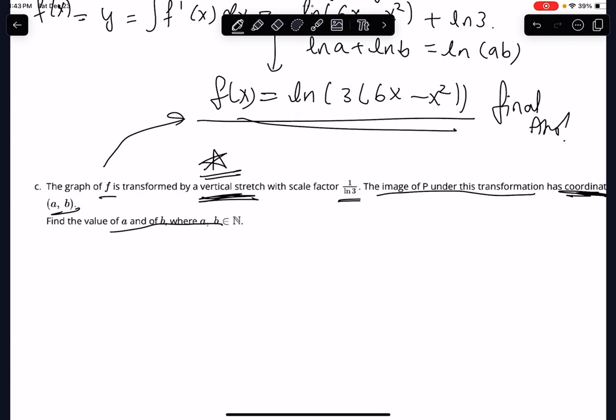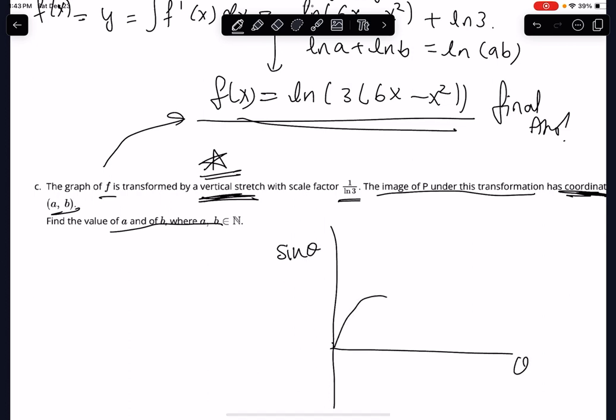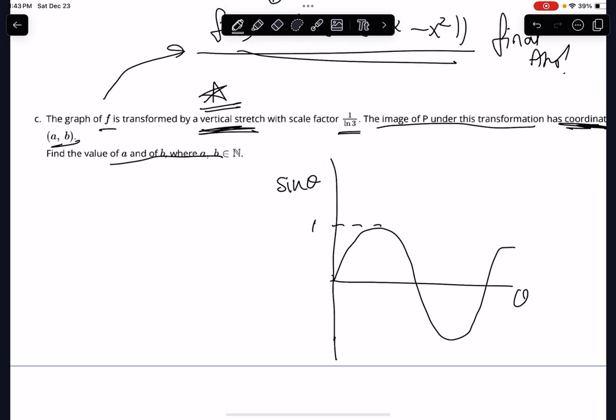The main idea is that because it's a vertical stretch, let's say I give you a function, sine of theta. The sine of theta function looks something like this. It goes from +1 to -1, so it oscillates in the +1 and -1 direction.